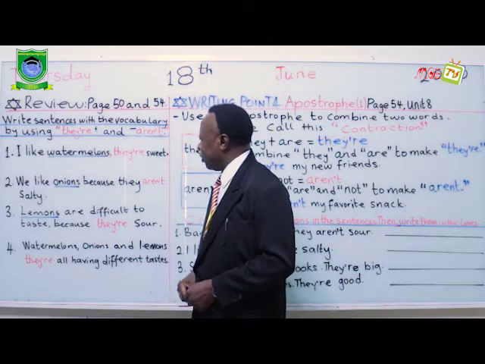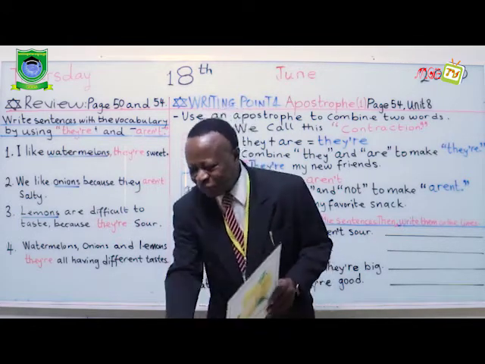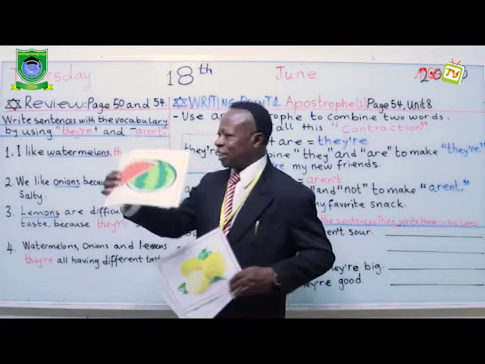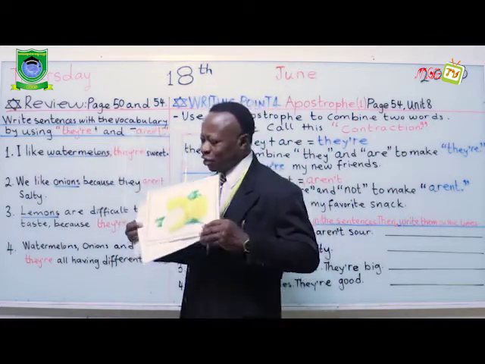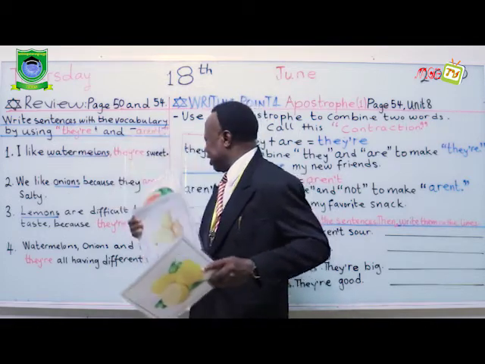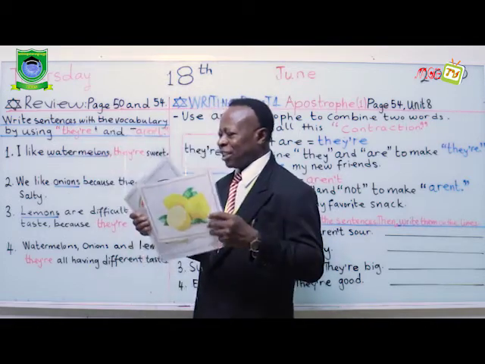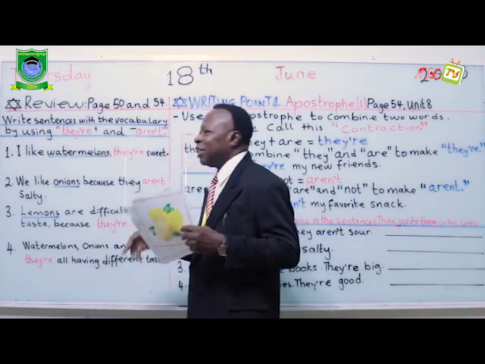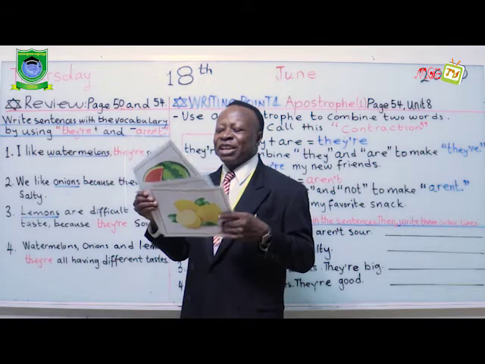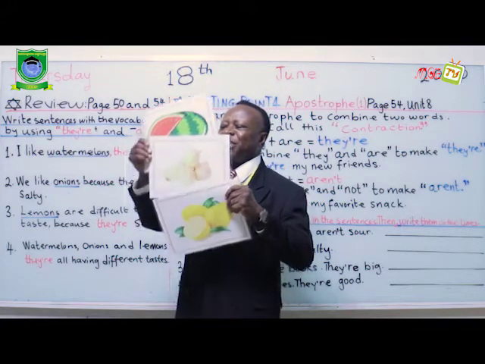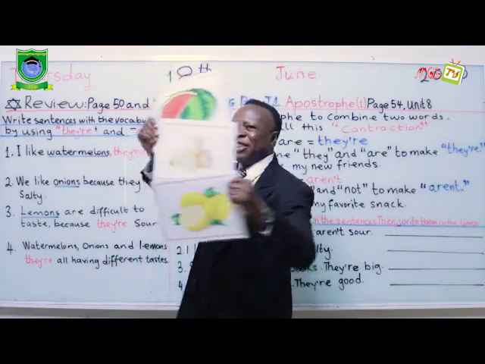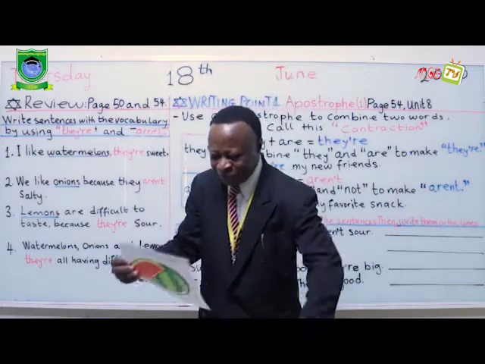The fourth one will be three items: watermelons, onions, and lemons. They all have different tastes.